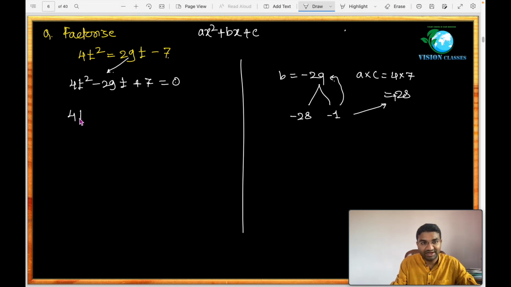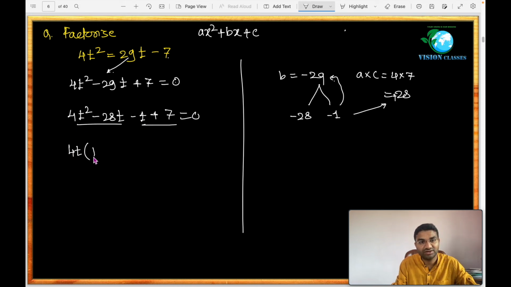So 4t² − 28t − 1t + 7 is equal to 0, right? From the first two terms you can take out 4t common: t − 7, and from the last two, −1 (t − 7), which is equal to 0.